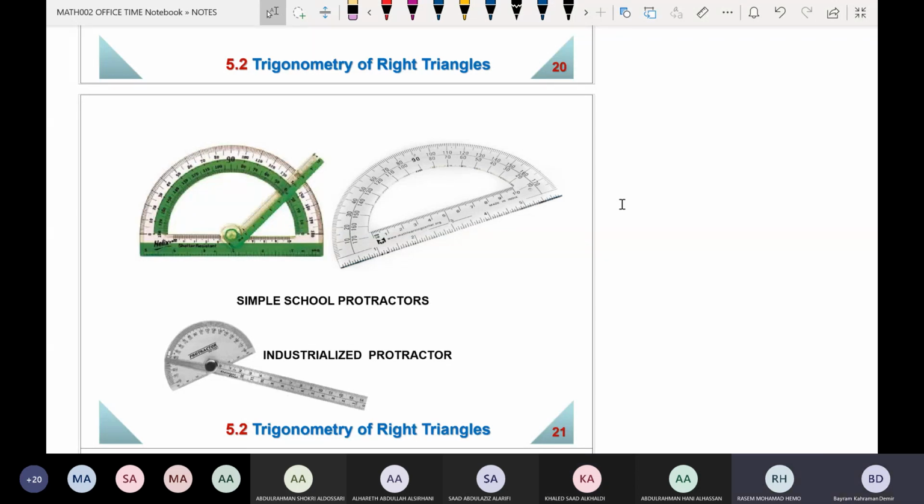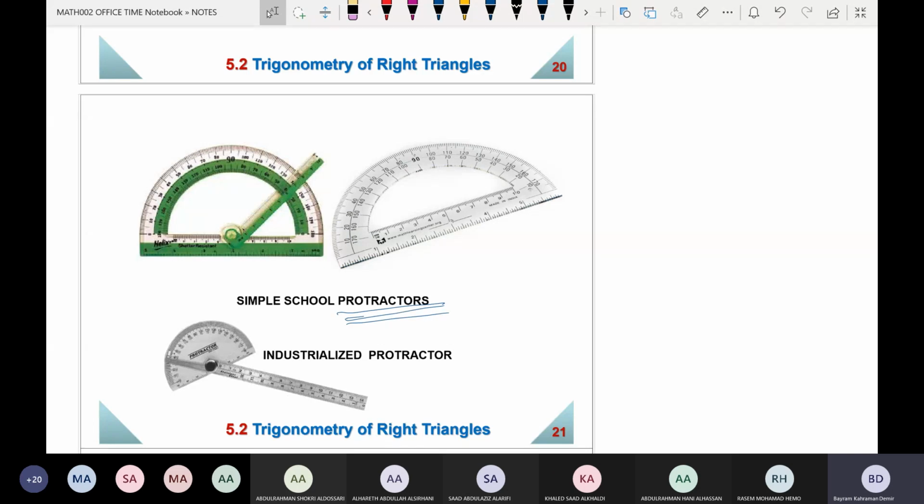Well, to be honest, Doctor, I don't know it in Arabic either, but I call it turtle. It's منقلة in Arabic, mingale. So in English, the name is protractor.